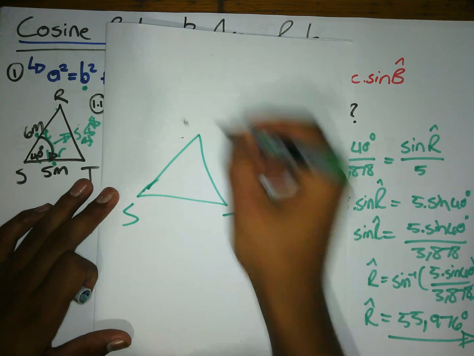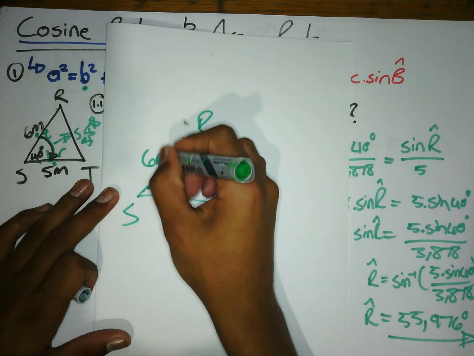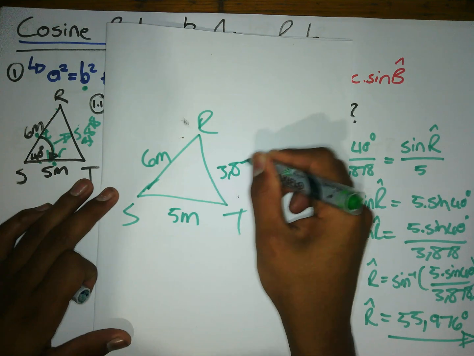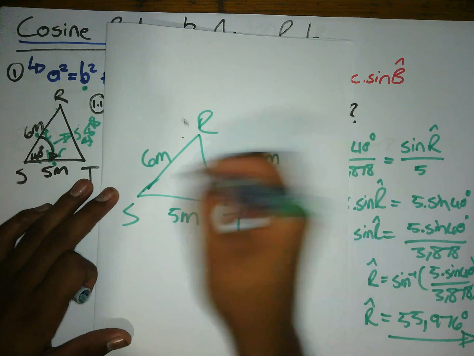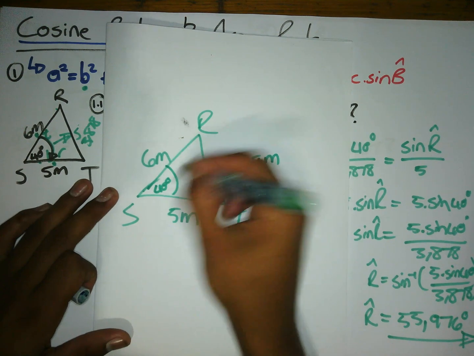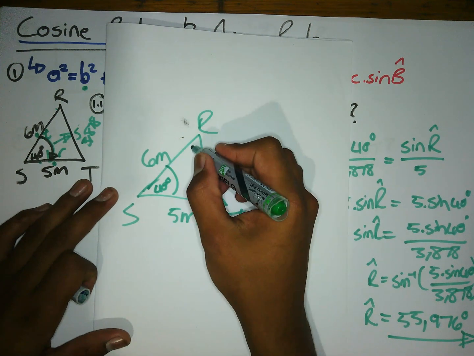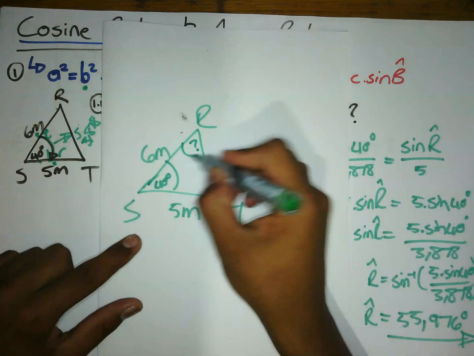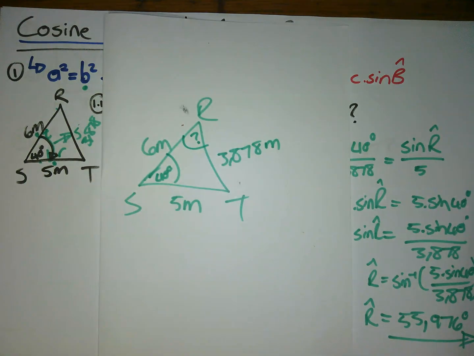S, T, R: 6 meters, 5 meters, 3.878 meters. And now we need angle R. Remember I said now, you will only use the cosine rule once. You will only use the cosine rule once.